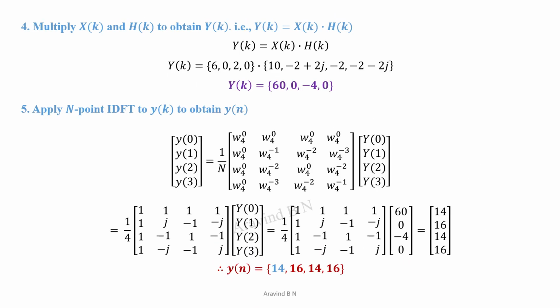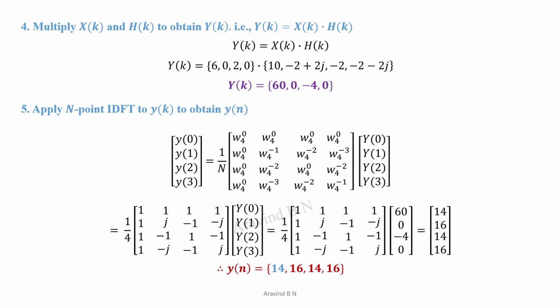Next step, multiply X of k and H of k to obtain Y of k. So the two sequences are being multiplied. This is a dot product basically. That means location wise we are going to make the multiplication. By that we are going to have the result Y of k is equal to 60, 0, minus 4 and 0.